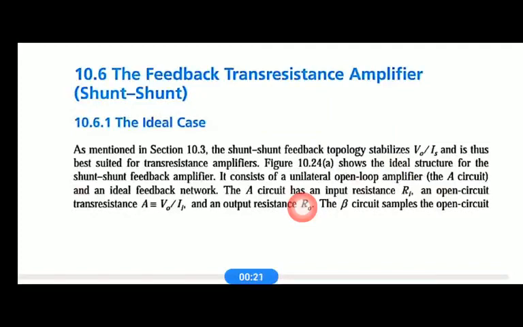In the previous sessions, we discussed series-shunt topology using a voltage amplifier, and series topology using a transconductance amplifier. Here we are going to discuss the feedback trans-resistance amplifier.